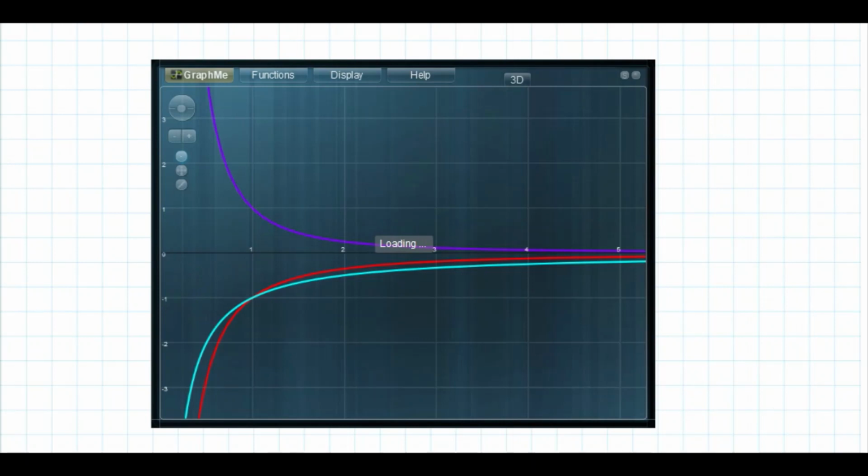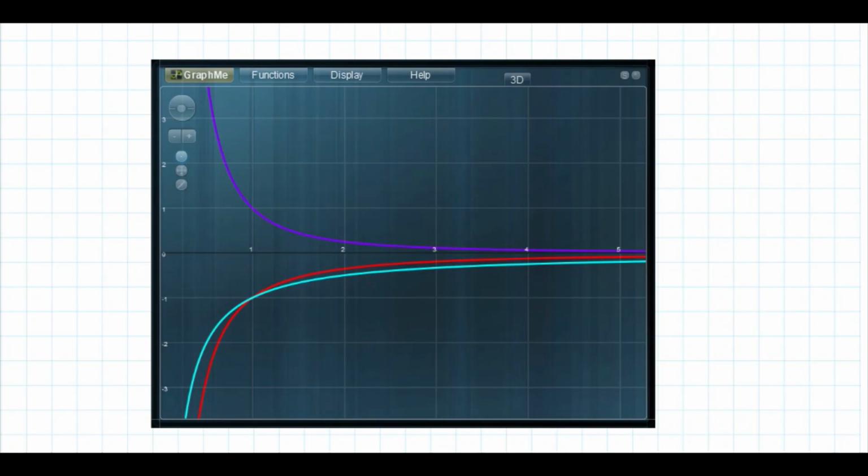So in order to understand the meaning of going to 0 slower than 1 by r square, I will explain with this graph. This violet one is the 1 by r square graph, and this light green is minus 1 by r.